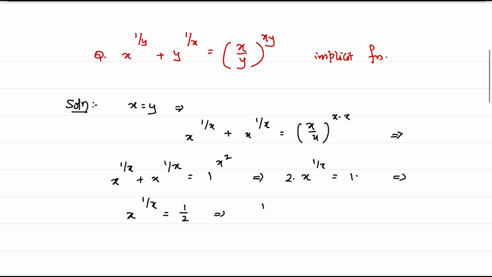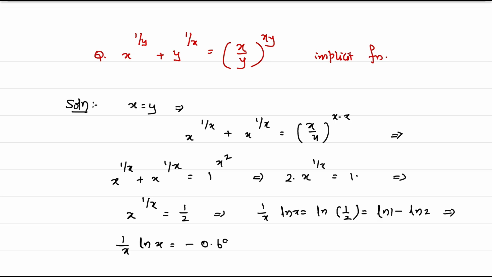That implies 1 by x into ln x is equal to ln 1 by 2. ln 1 by 2 is negative. ln 1 minus ln 2. That implies 1 by x ln x is equal to minus 0.693.